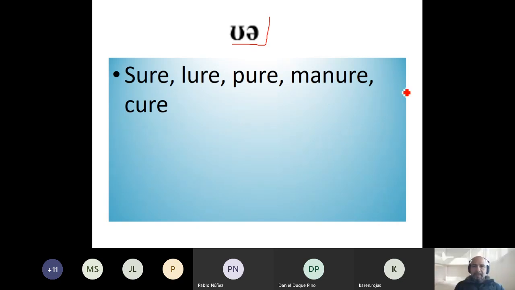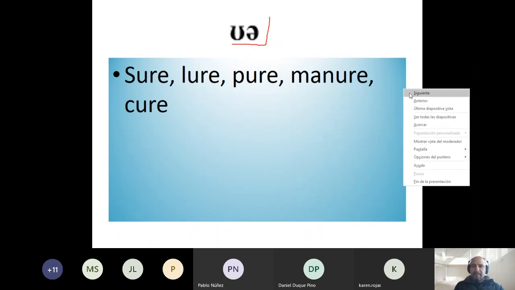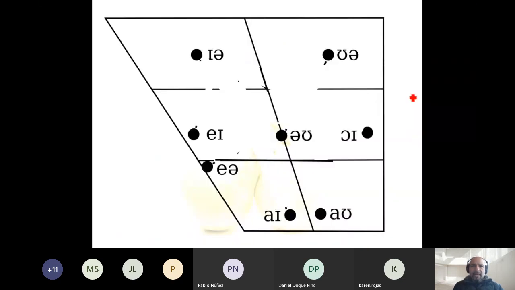Okay, so going back to this vowel quadrilateral, we have ay, eye, and oy. These three closing diphthongs end in the same vowel sound, the short i.